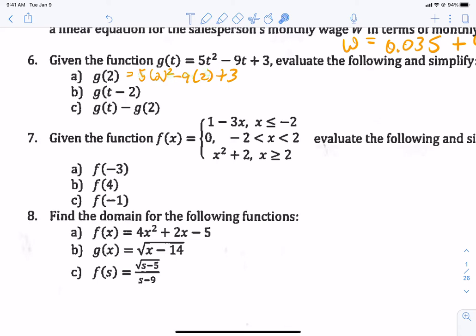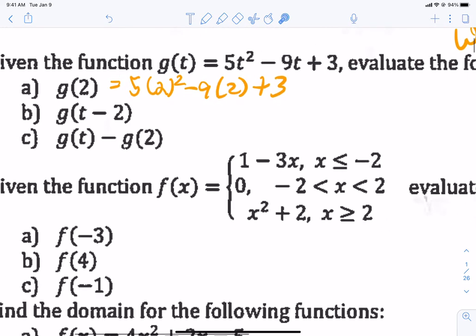Now I want to talk about part B. Part B, g of t minus 2. Well, wherever the input is originally, take it out, and where you see the t, we're going to put t minus 2.